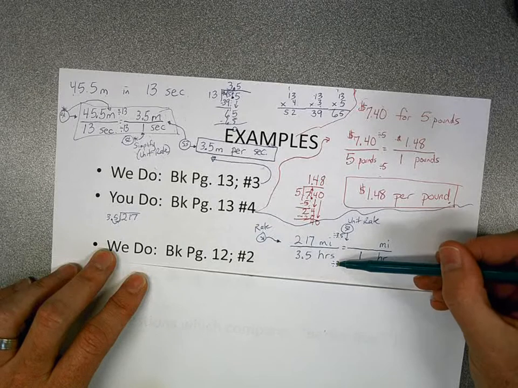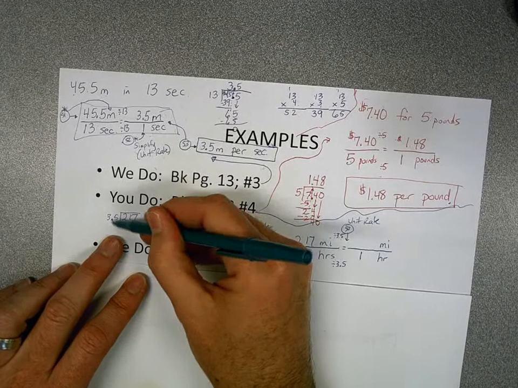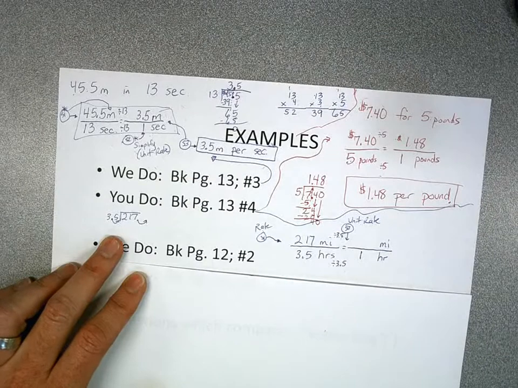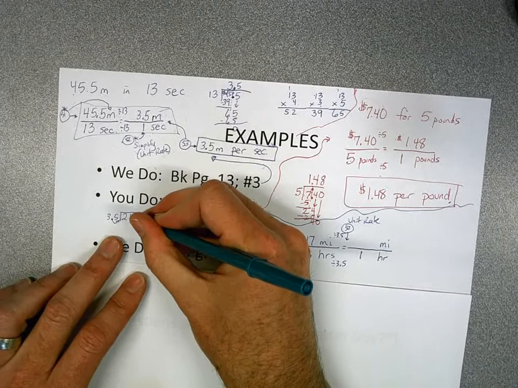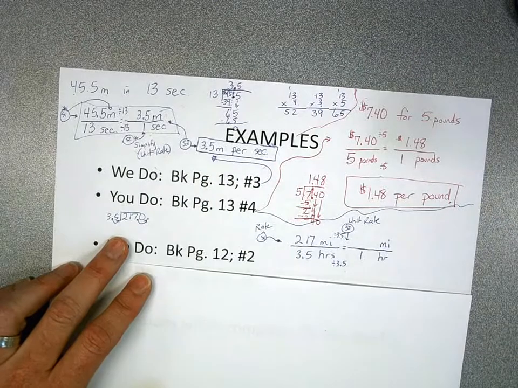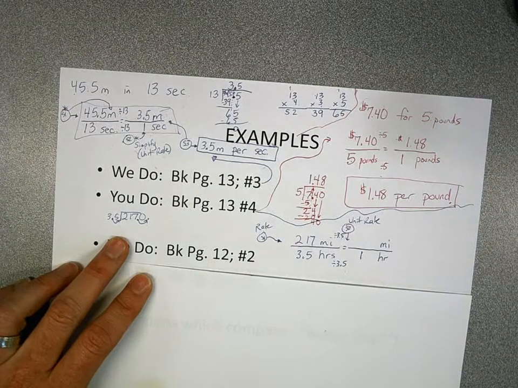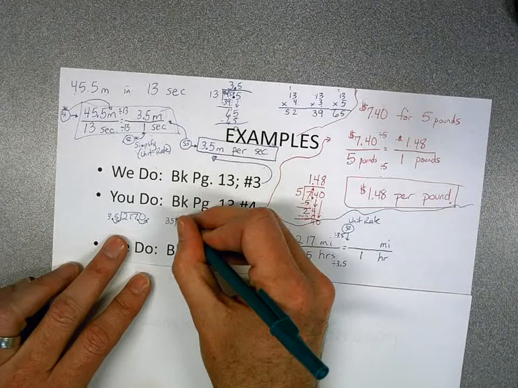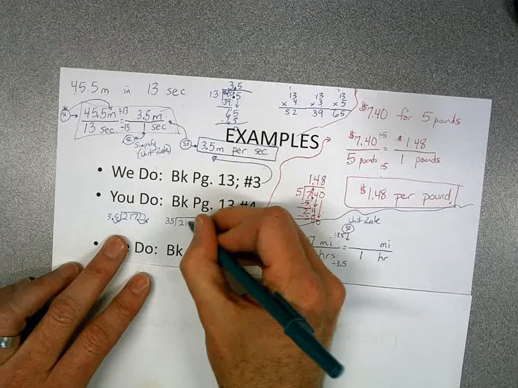In this case, whatever we do on the outside, we're going to do on the inside. So I move the decimal over once. Remember, there is a decimal right there after the whole number. So, yep, there's a gap there, so we put a 0 there. Now, I know a lot of us can't stand this, but yes, we need to rewrite this. So we're going to rewrite it as 35 into 2,170.